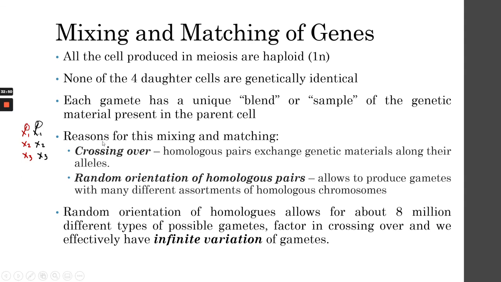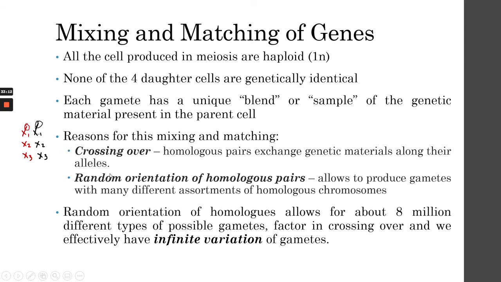When you pair it up with crossing over, because crossing over not only happens on one allele, it could happen in up to 25 different places. So it means this chromosome 1 right here and this chromosome 1 from your father can exchange genetic materials up to 25 times.